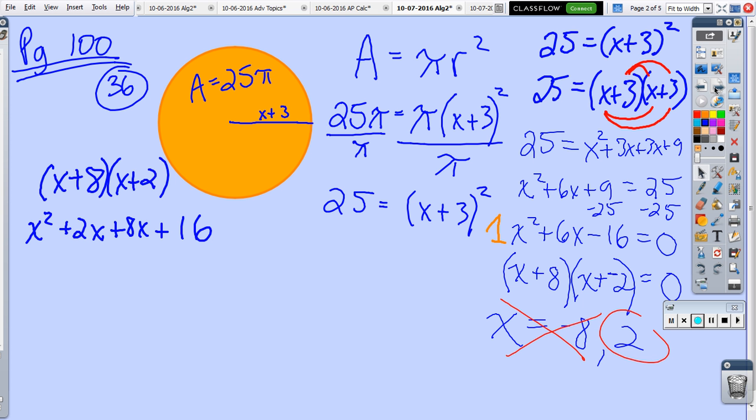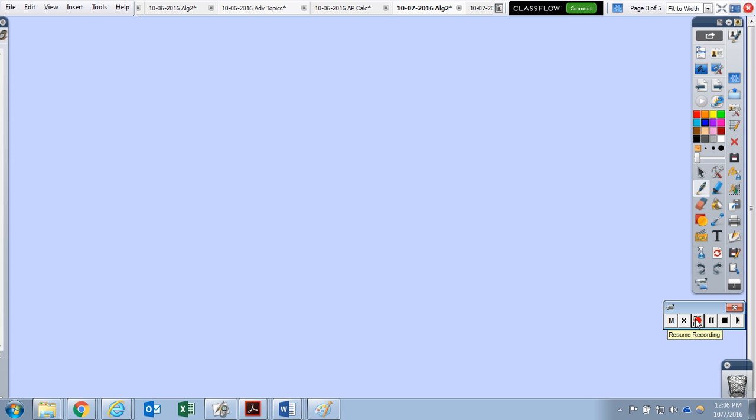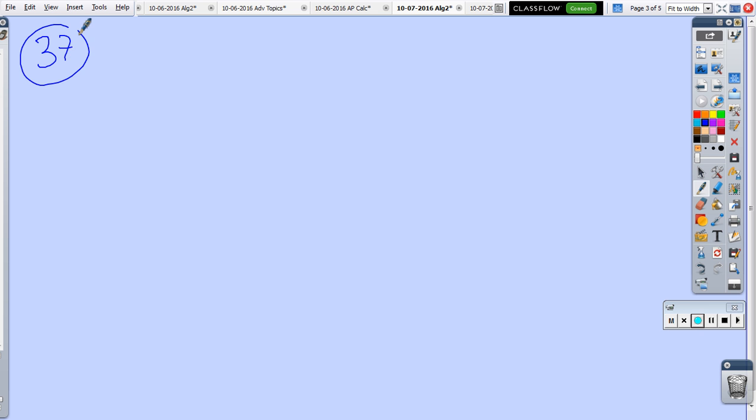Let's look at trying to answer the question, how do we find unknown parts of a triangle? On page 100, number 37. So number 37, we have the area of a triangle. This is on page 100.